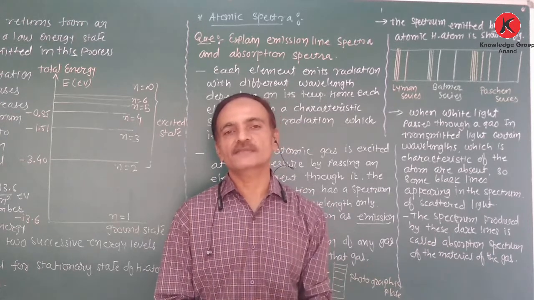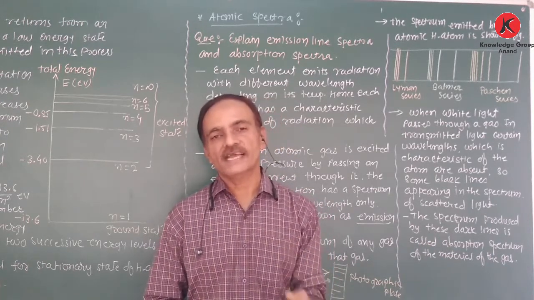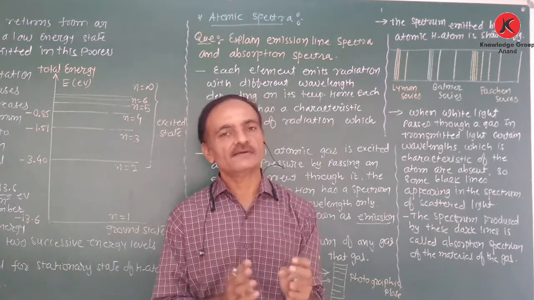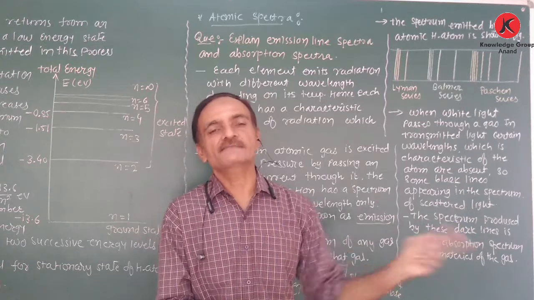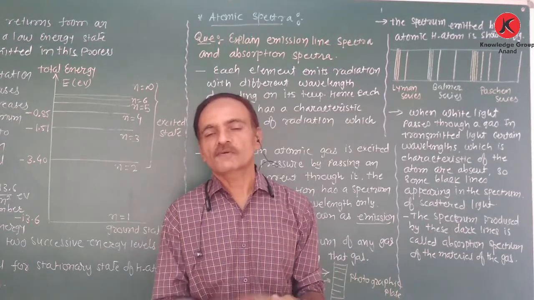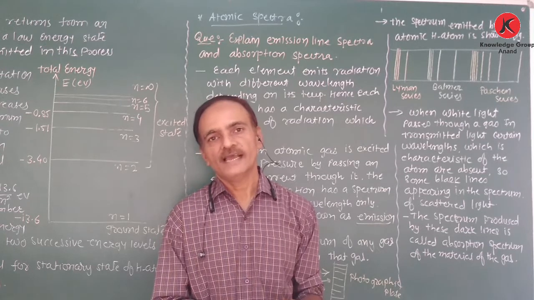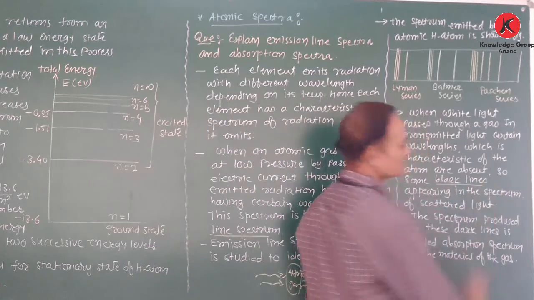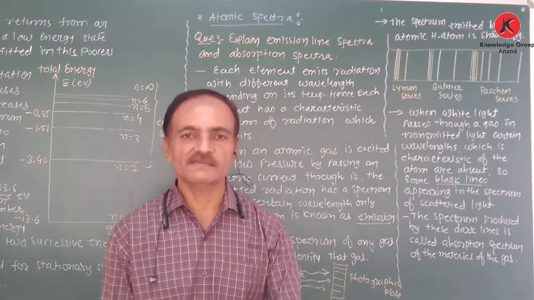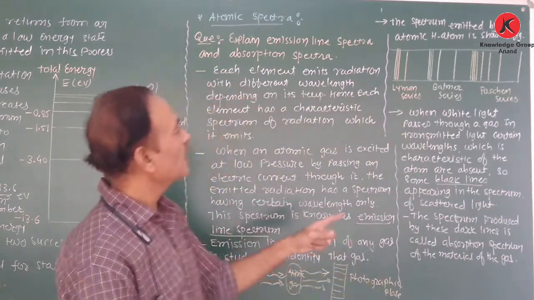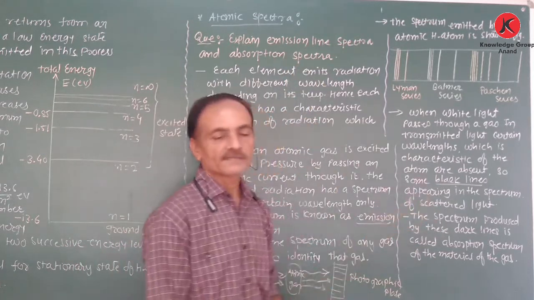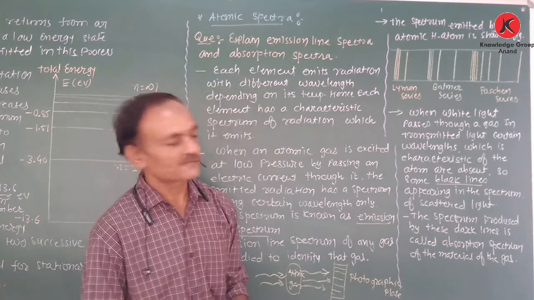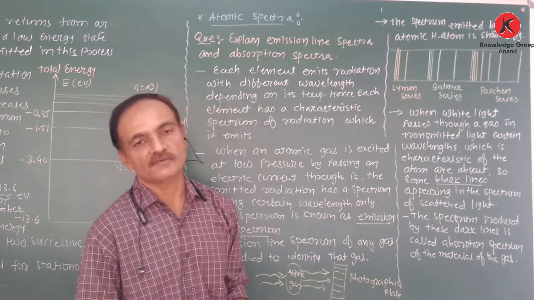According to the characteristic of the gas, the atoms of the gas absorb some wavelengths of light, so those wavelengths are absent in the transmitted light. At these places we obtain black lines. The spectrum produced by these dark lines is called the absorption spectrum of the material of the gas.